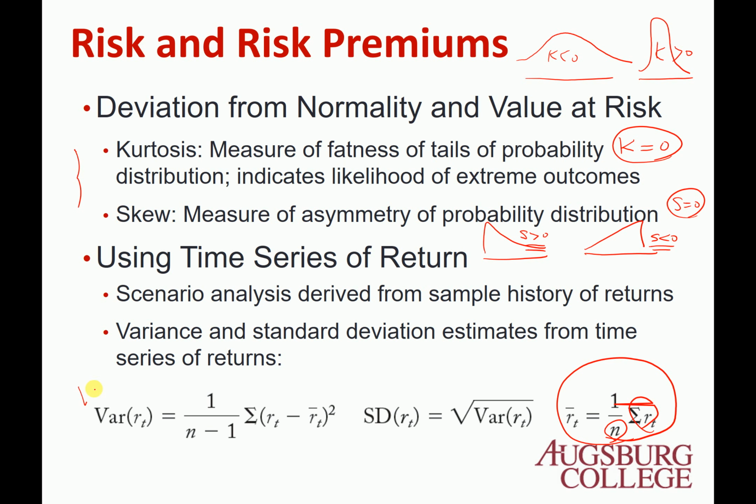Now the variance: you have the expected return, you find the deviation, take the square and sum that, and instead of multiplying by the probability, you just divide by n minus 1. Note that this is n minus 1, not n. Standard deviation is the square root of the variance.